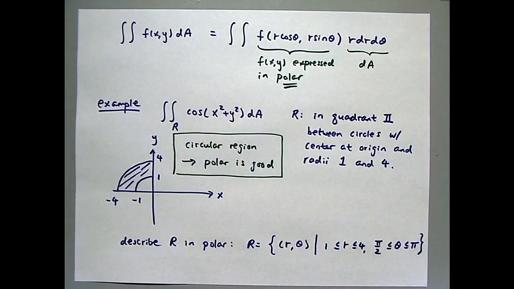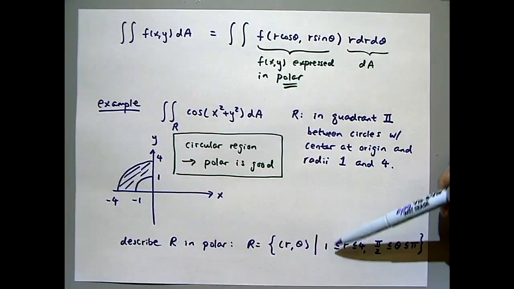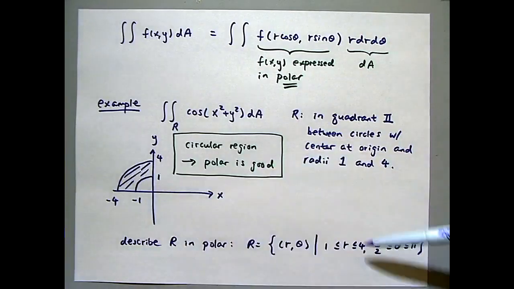Right? Pi over 2 to pi, everything between the region that's distance 1 from the origin to 4.